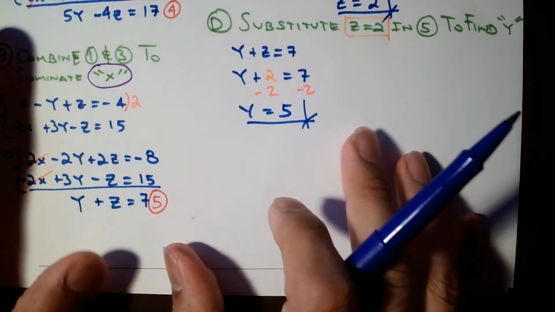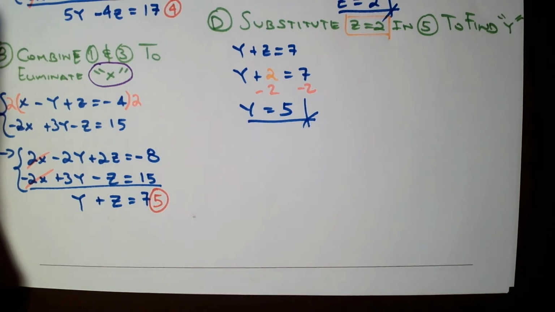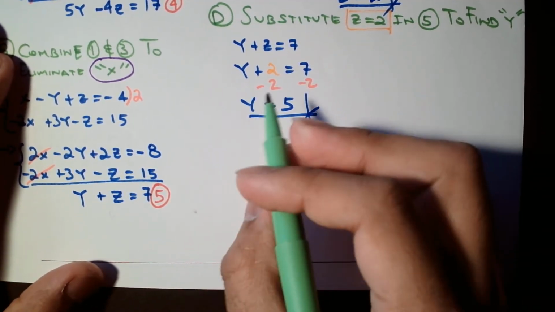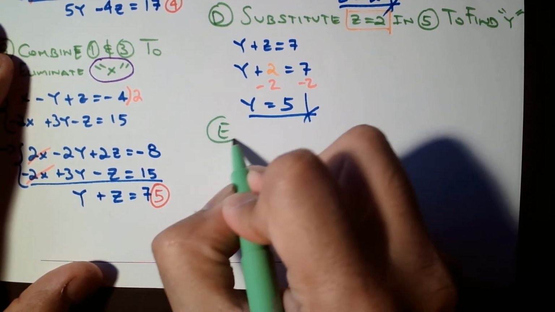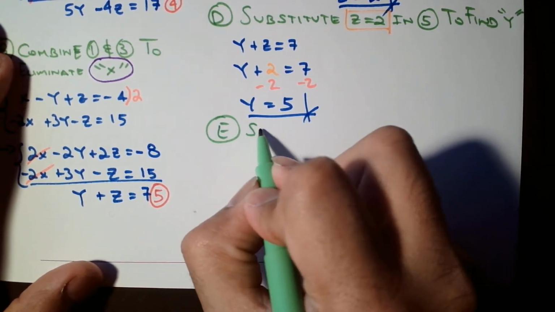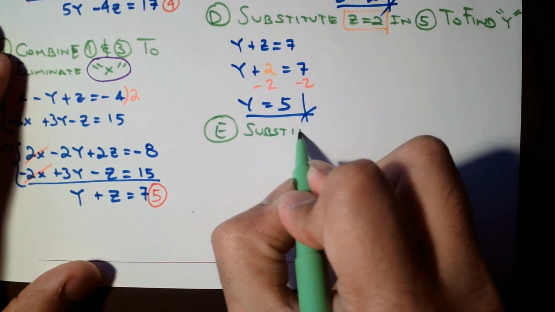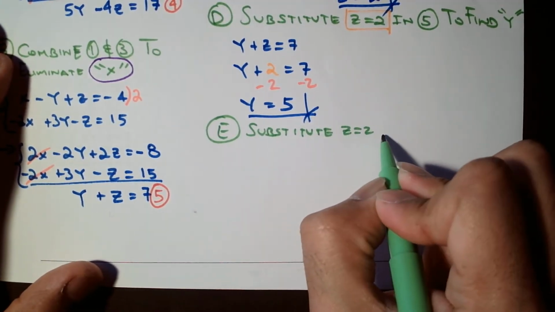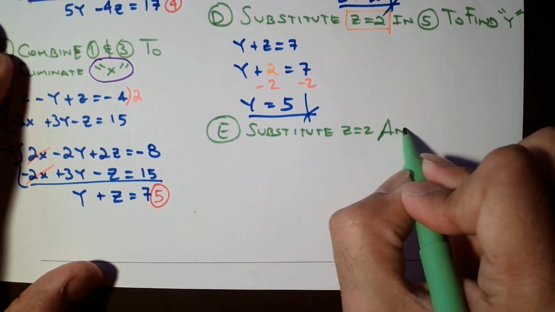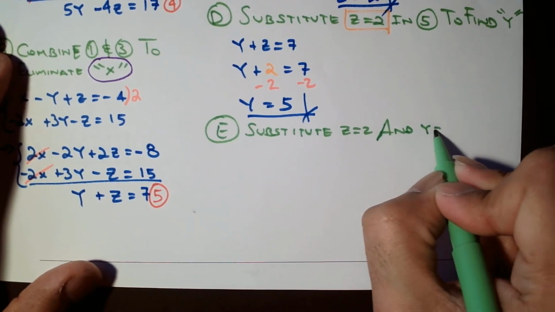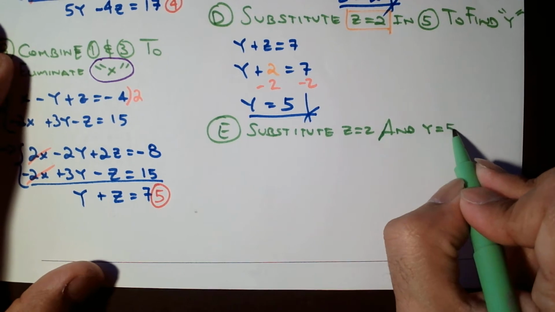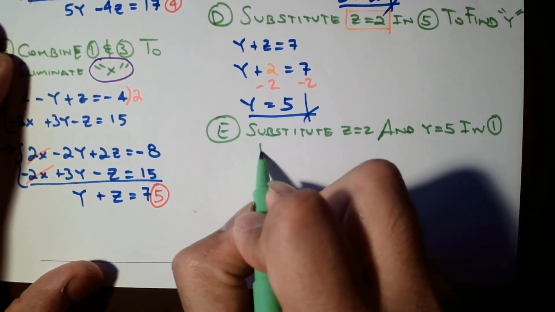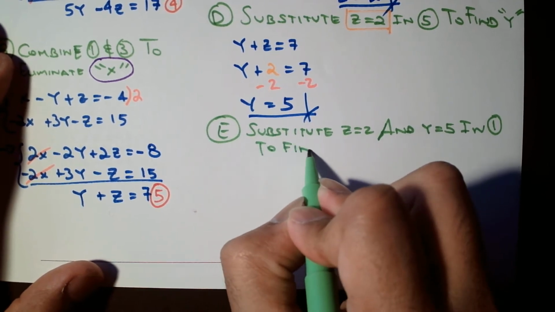So what I'm gonna do here is letter E, if you will. Substitute z equals 2 and y equals 5 in 1 to find x.